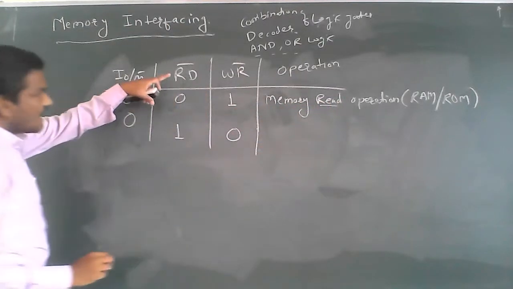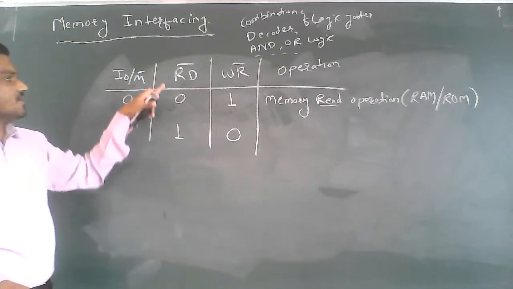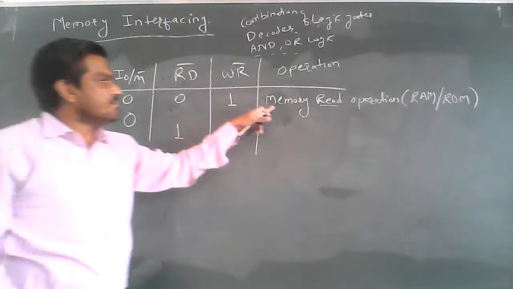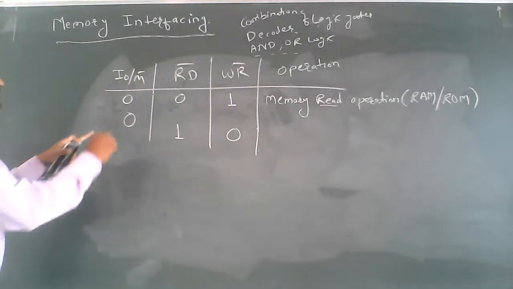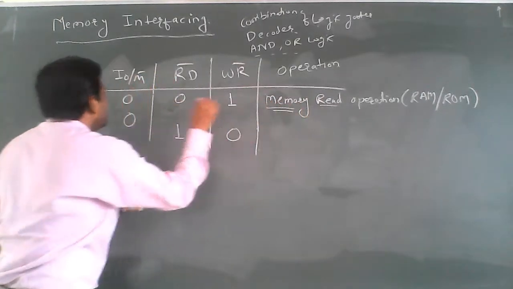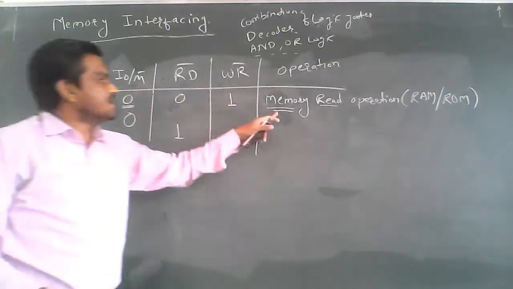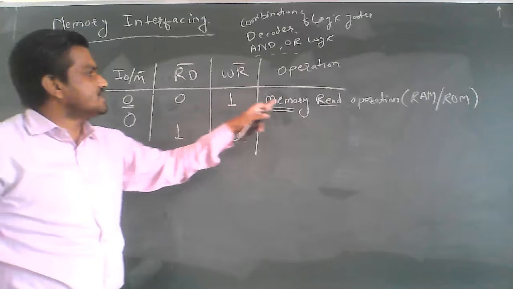Because RD bar is an active low pin, and 0 is passed on that pin. This is memory because IO/M bar is 0, and it is a read operation because RD bar is 0.